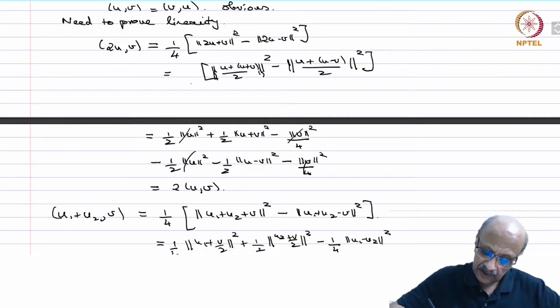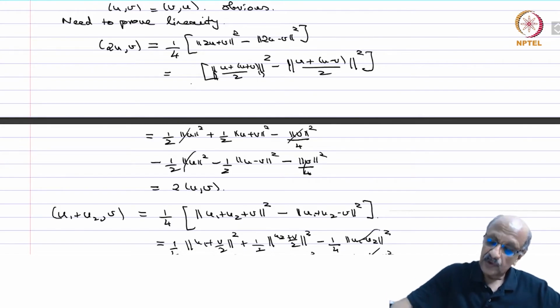Similarly minus 1/2 norm u1 minus v by 2 whole squared minus 1/2 norm u2 minus v by 2 whole squared minus 1/4 norm u1 minus u2 squared.